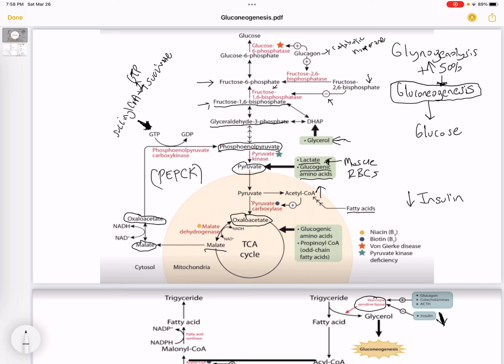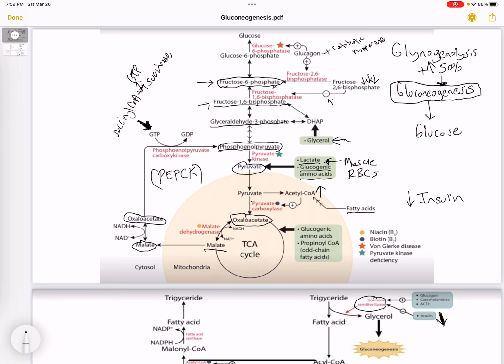When glucagon is released, it is going to upregulate the enzyme fructose 2,6-bisphosphatase. And when it upregulates this enzyme, fructose 2,6-bisphosphate can be converted into fructose 6-phosphate, resulting in lower levels of fructose 2,6-bisphosphate.